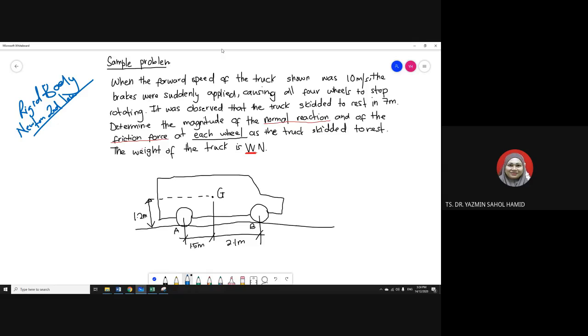Dah? Okay. Alright. So kita tengok this question, we do it together. Okay, now when the forward speed of the truck shown was 10 meter per second, what do you understand bila dia kata the forward speed of the truck was 10 meter per second?